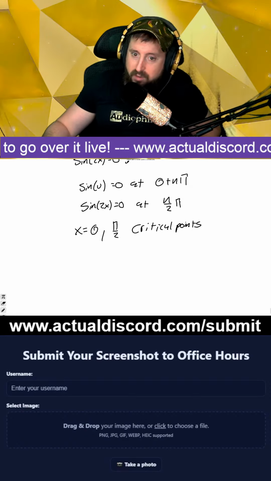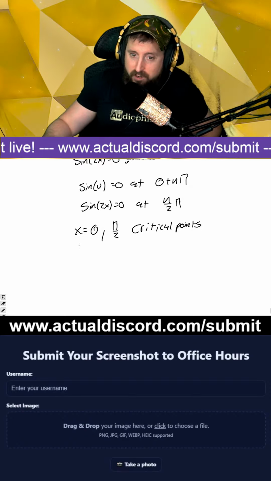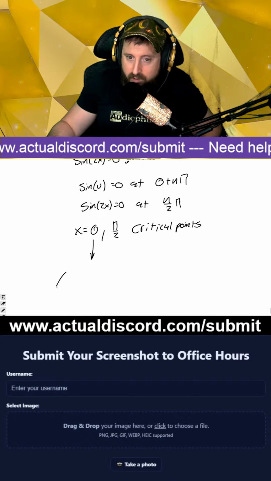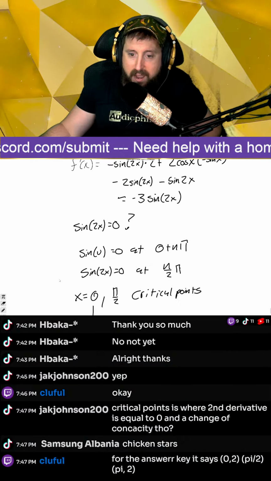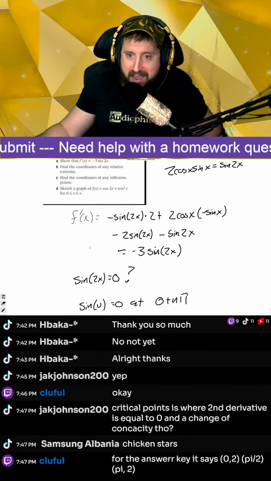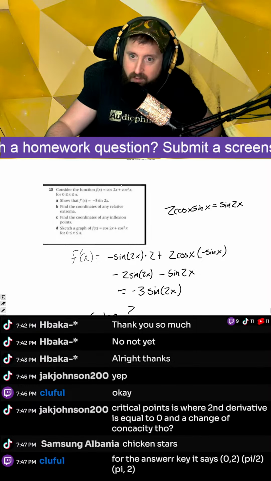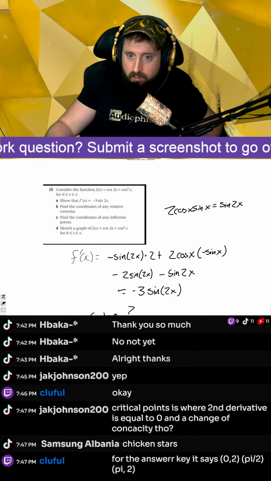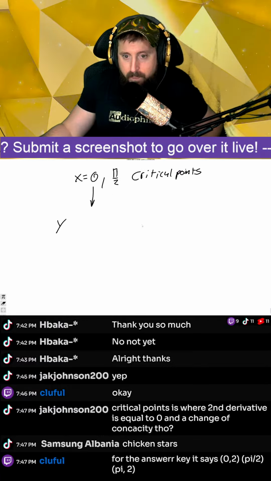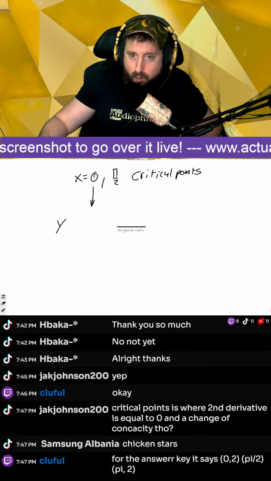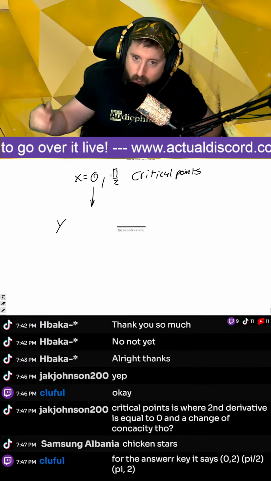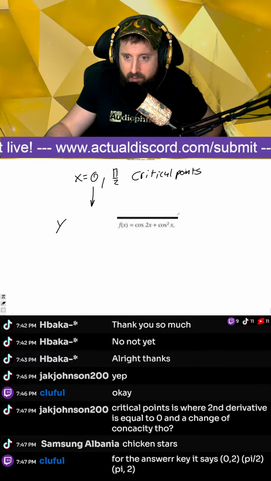These are the x coordinates, and then I need the associated y coordinates. So I have to plug these back into my original function to get the y coordinate. You're right, I should have gotten the y's as well.